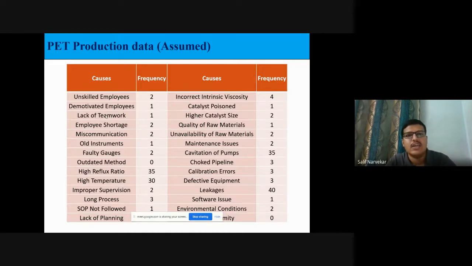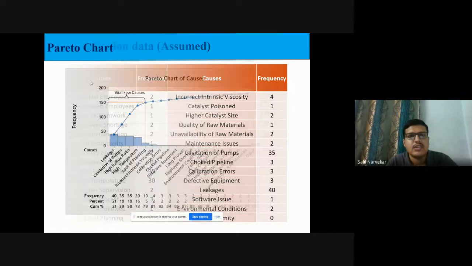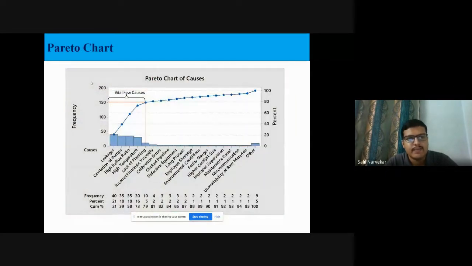So again for this, all the causes were listed down, and for each of these causes some frequency was assumed. Based on this, a Pareto chart was made. As you can see, leakages, cavitation due to pumps, high reflux ratio, high temperature, and lack of planning are some of the dummy causes which we had put here.